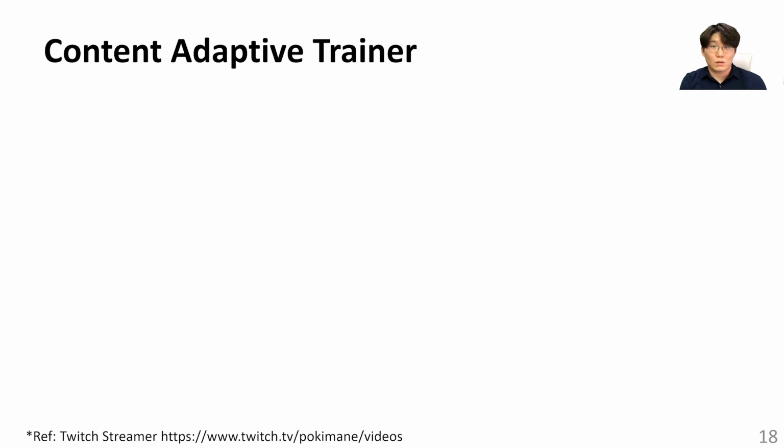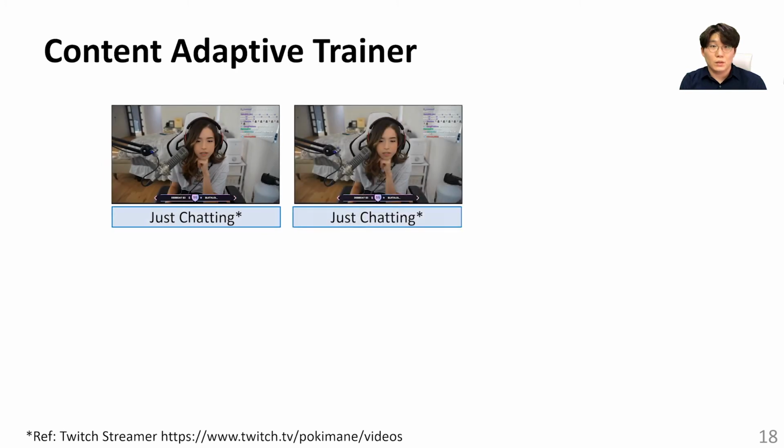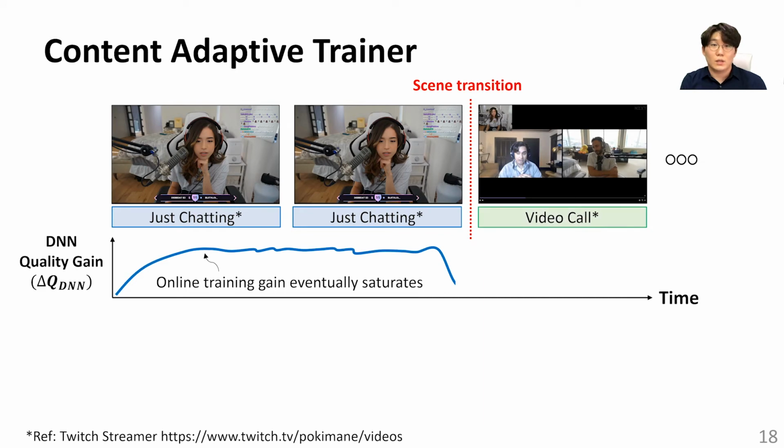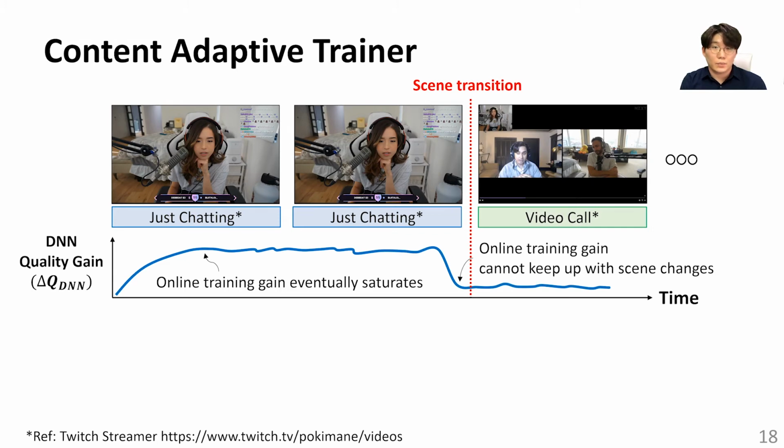The goal of Content Adaptive Trainer is to improve the resource efficiency of the online training. Our observation shows that for videos with minimal scene change, the online training gain eventually saturates to the point where further training may not provide benefit. However, when a new content appears, the online trained DNNs cannot keep up with the scene change, and therefore it needs additional training.